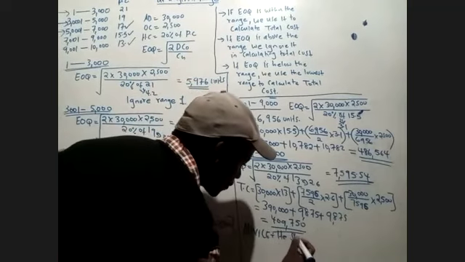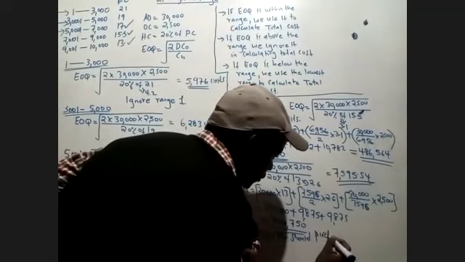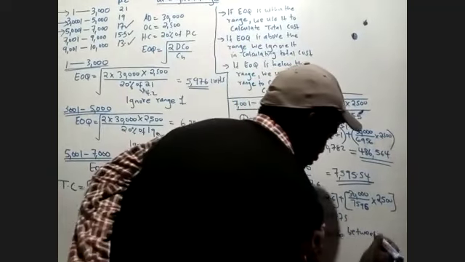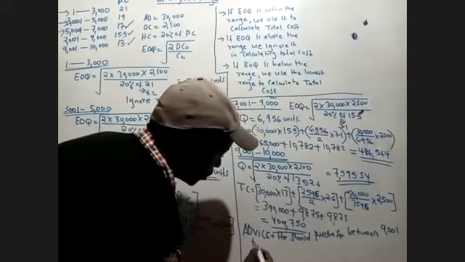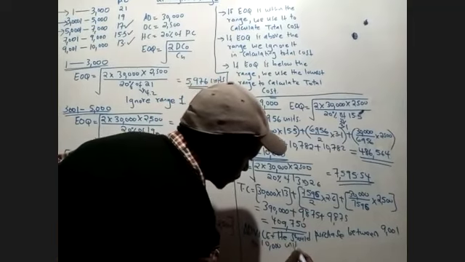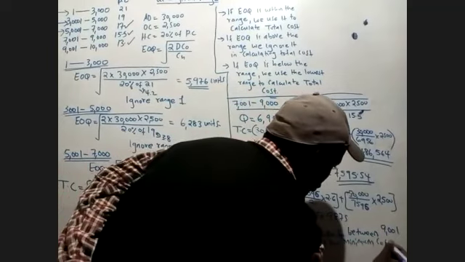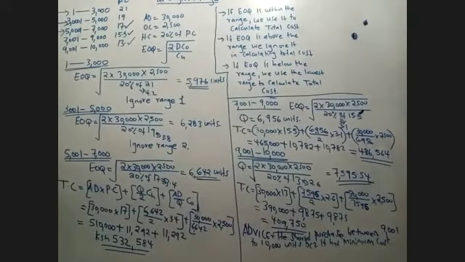So advice: you should purchase between 9,000 units to 10,000 units because it has the minimum cost of purchase.